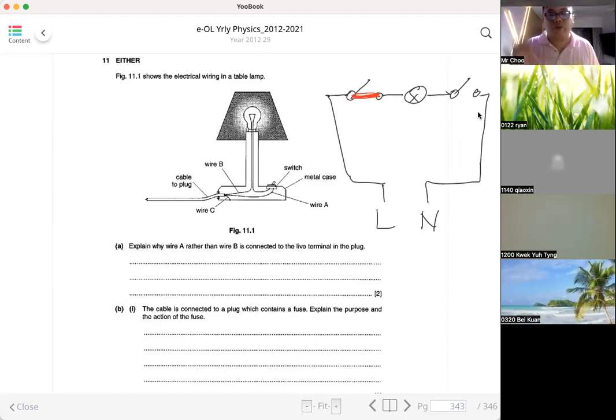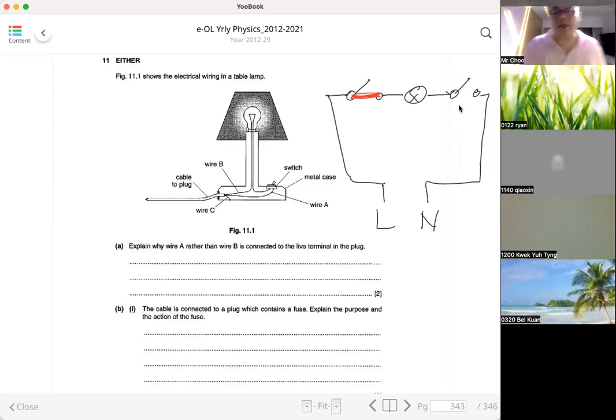From what I'm reading from Hao Ray and Oscar, you tell me that even when the switch is at the neutral wire and it's open, there will still be current in the circuit. That explanation is incorrect. There will be no current at all because the circuit is open.